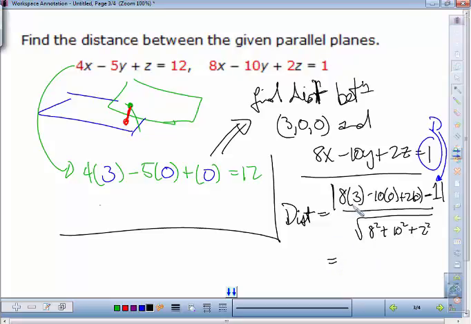On top, I got 23. I suppose that should be good enough. This is a D distance. All right. So that would help us find our distance between any point and the plane.